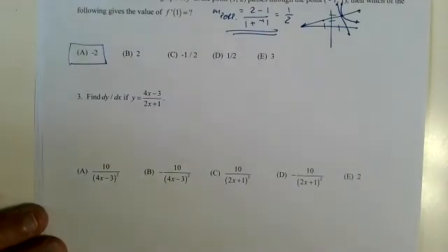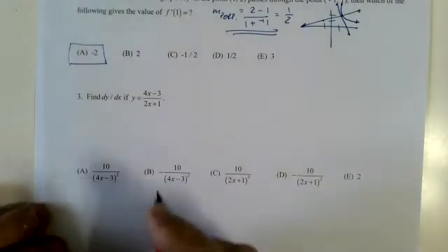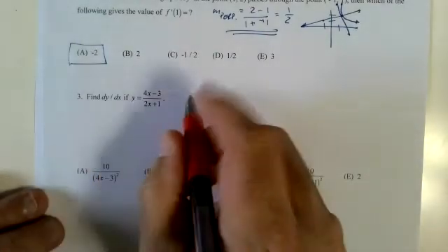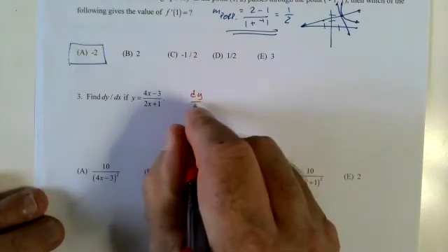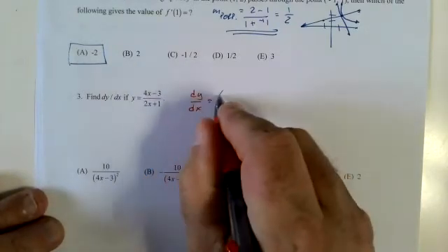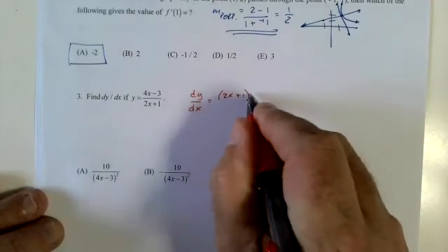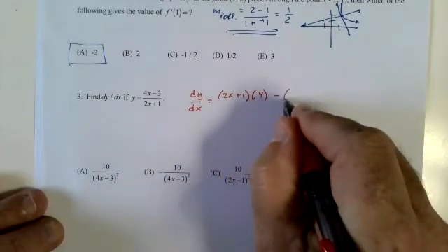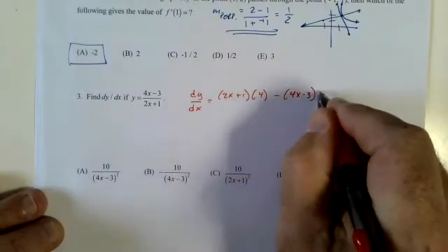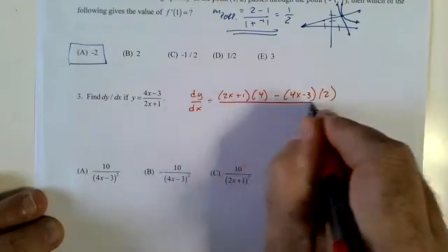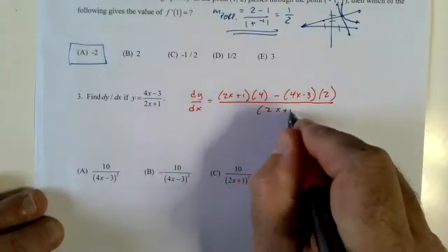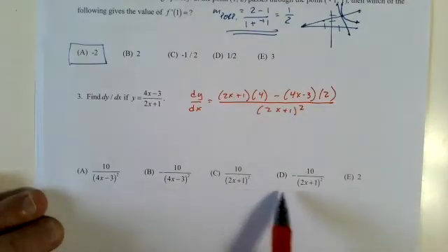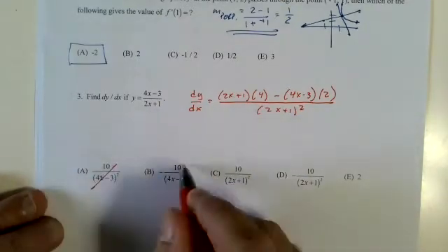Find dy/dx if y equals 4x minus 3 over 2x plus 1. Low d high minus high d low. Pretty sure these are wrong.